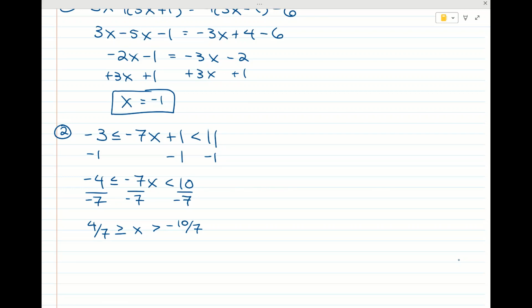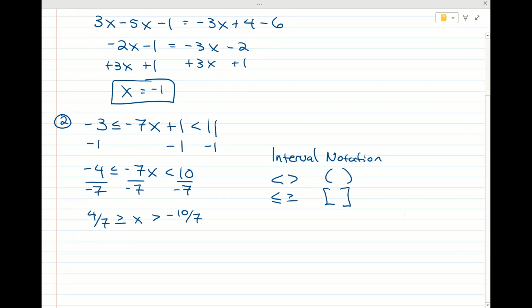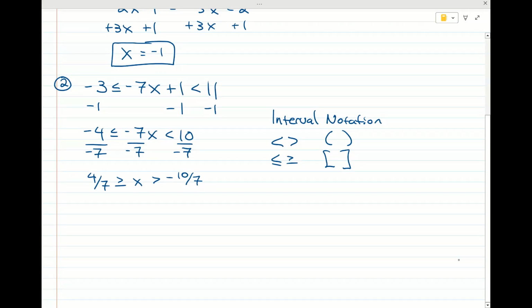The way we put this in interval notation, remember that if you have a less than or a greater than sign, we convert that to parentheses. Less than or equal to and greater than or equal to, we use brackets. The low value also goes on the left.